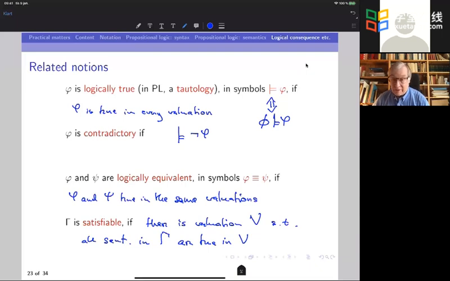So it doesn't contain anything. And now to say that phi is a consequence of the empty set, it still means that there is no interpretation which makes all the sentences in the empty set true and phi false. But trivially, every sentence in the empty set is true because there are no sentences in the empty set. So that's just vacuously true. So that's equivalent to saying that phi must be true in every interpretation.